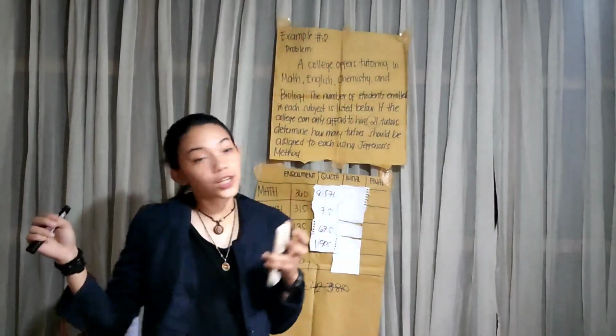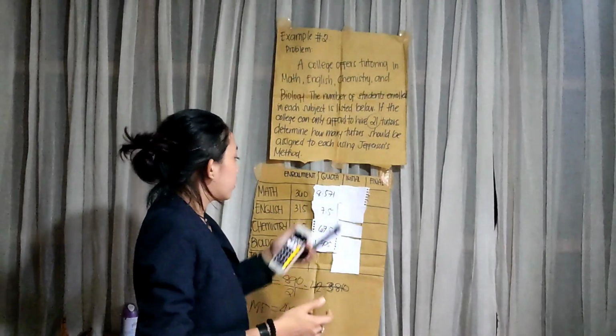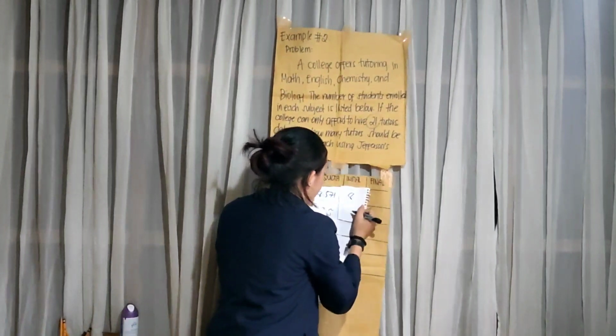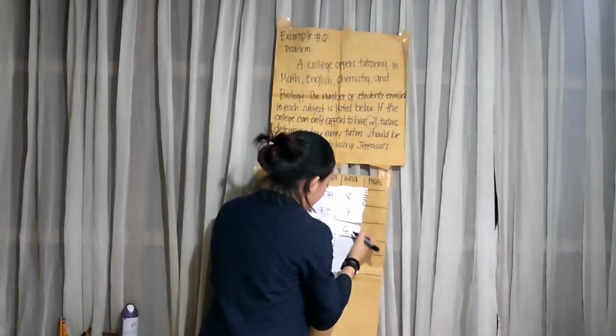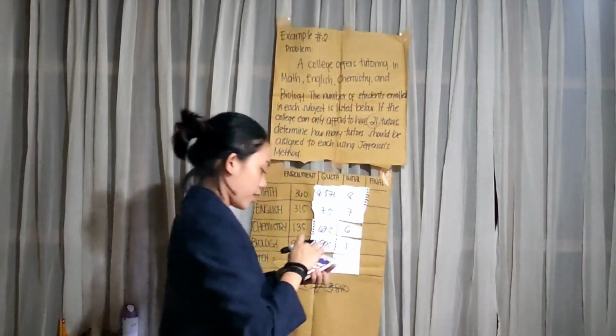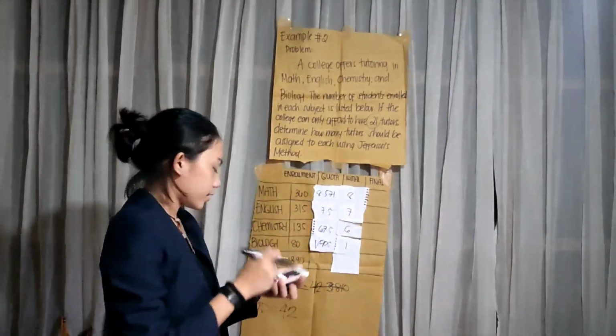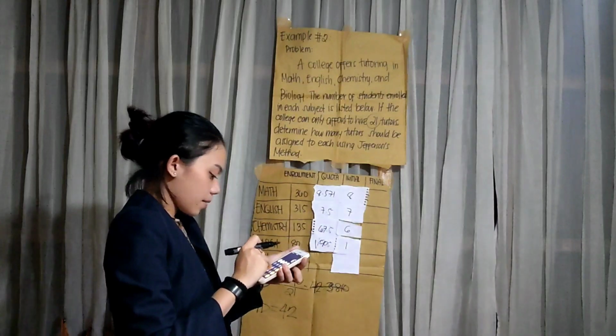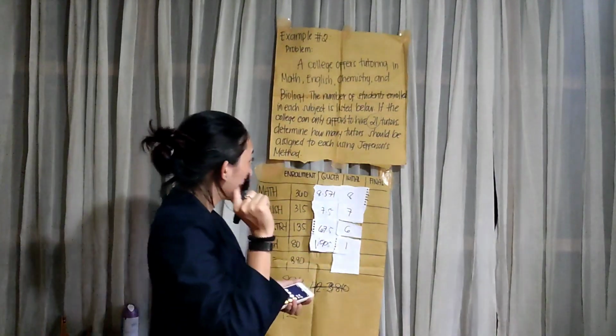To get our initial or lower quota, we just copy the first digit: 8, 7, 3, and 1. Total it: 8 plus 7 plus 3 plus 1 is equal to 19.